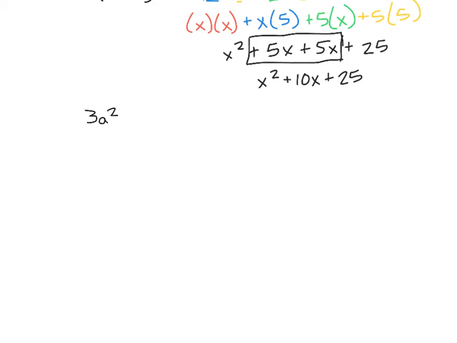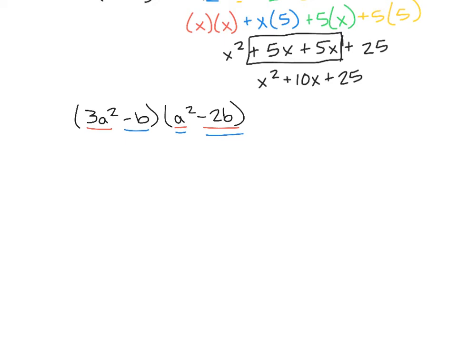Let's write another one down. 3a squared minus b times a squared minus 2b. And to do the distributive property, you multiply the first term by the first and the second, and then you multiply the second term by the first and the second.